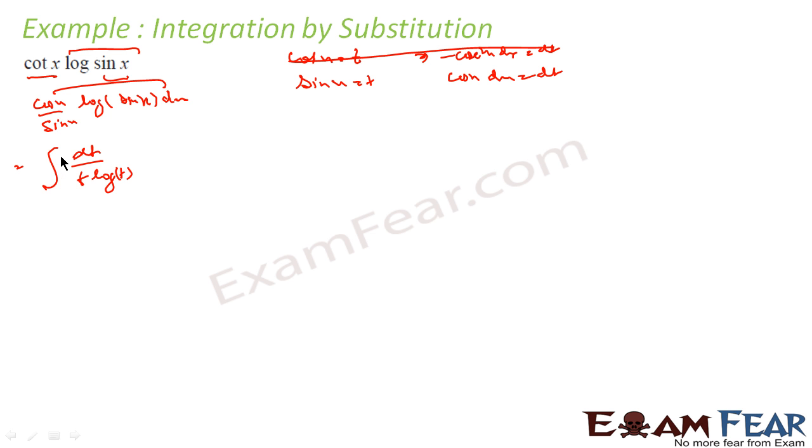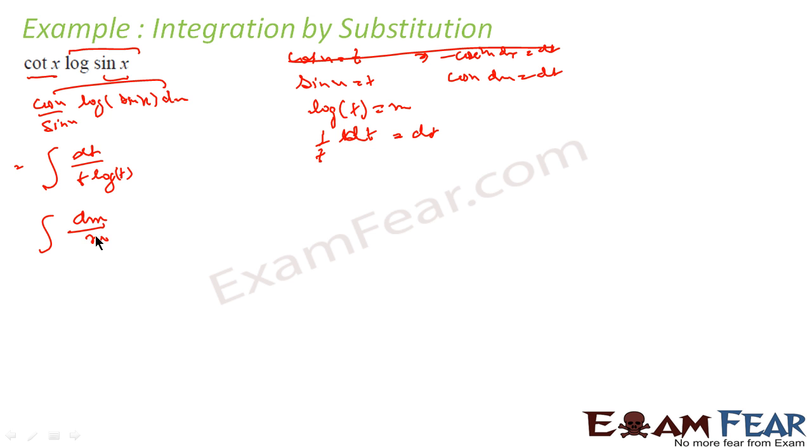Here also we have to take log t as some other variable, let's suppose m. So I get 1 by t dt is equal to dm.